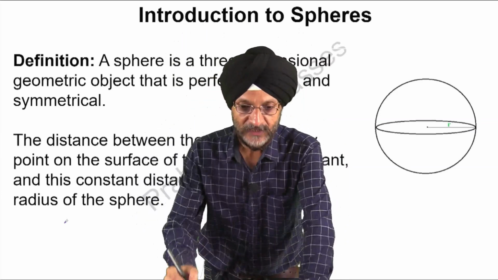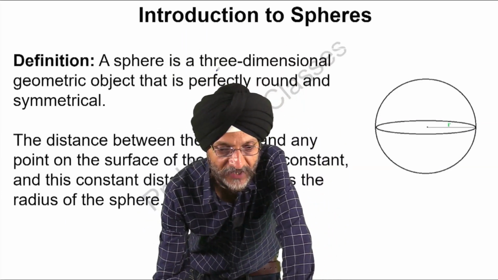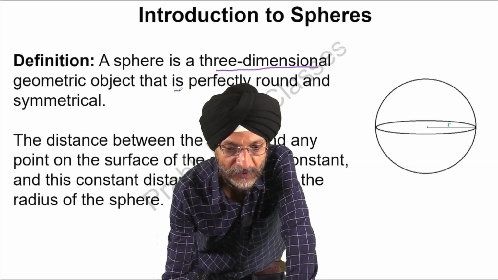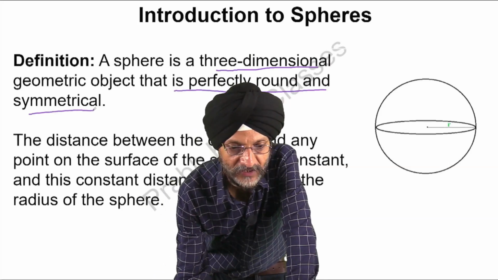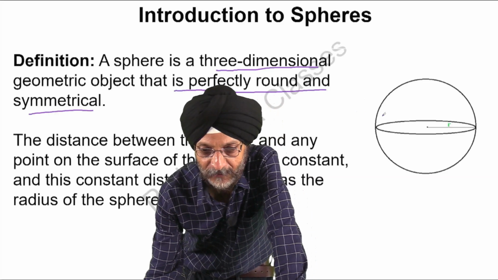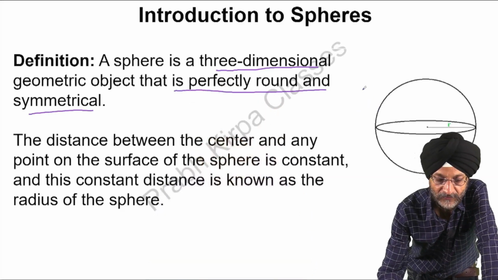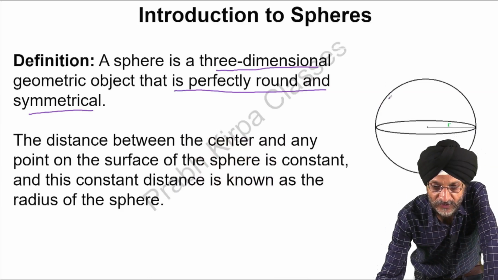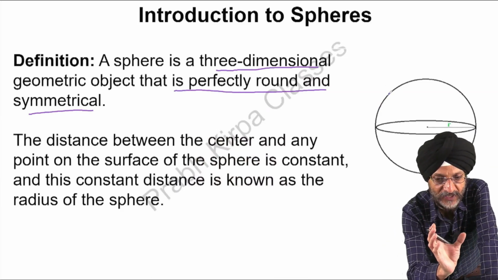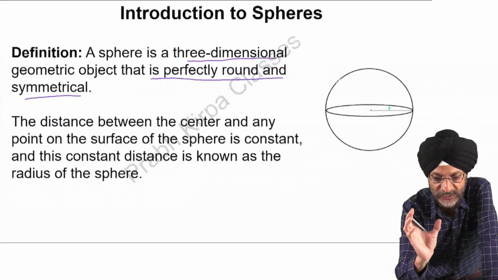Sphere is a three-dimensional geometric object that is perfectly round and symmetrical. In this picture, you can see that it is perfectly round and it is symmetrical. The example of a sphere is basketball or tennis ball.